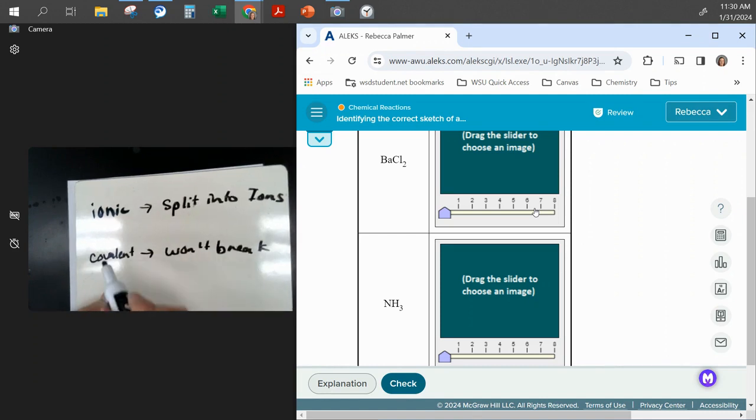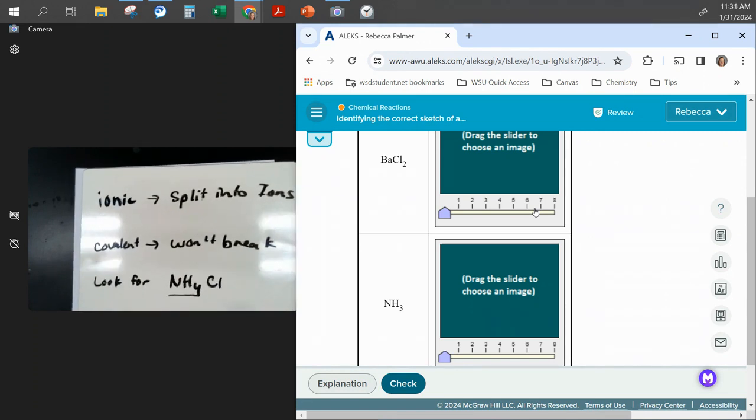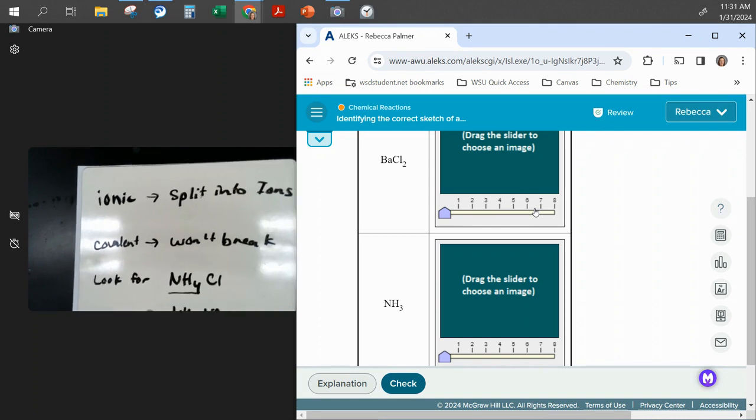There is an exception, so not really an exception. You just have to recognize, look for NH4. If you have anything with NH4 at the beginning, it's hard to recognize that it's ionic because there are no metals. But NH4 is an ion. So look for that, or NH4 NO3 would be one.